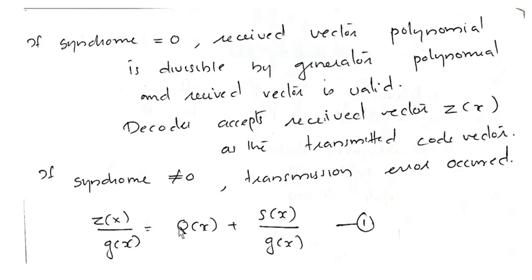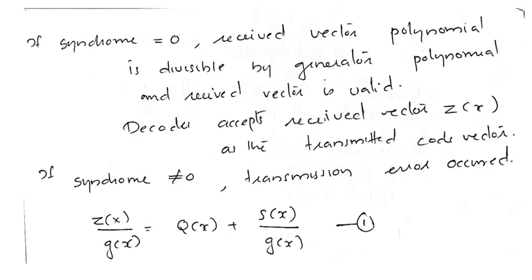So we can write it as z of x by g of x equal to q of x plus s of x by g of x, where q of x is the result of that division and s of x is the remainder of that division. This s of x represents the syndrome of our received vector.